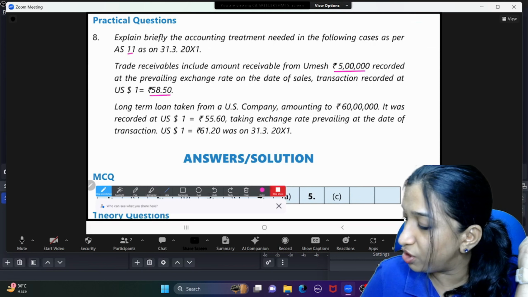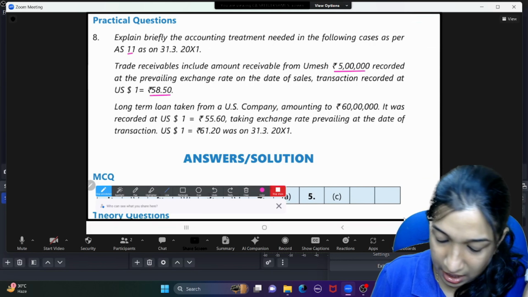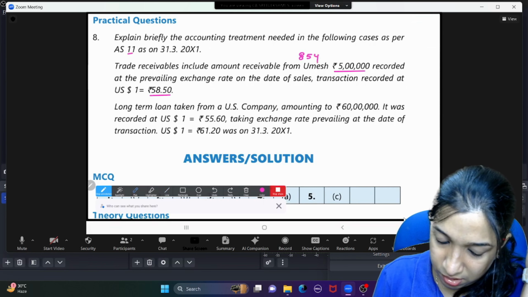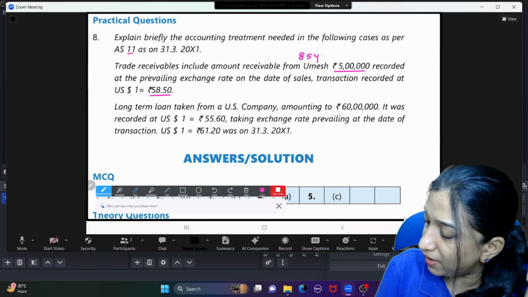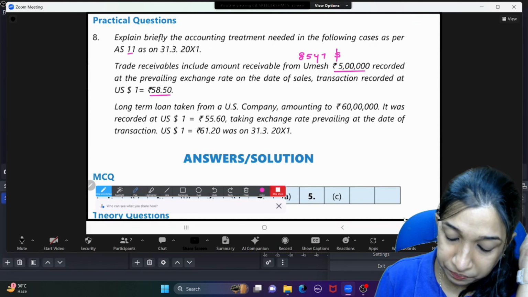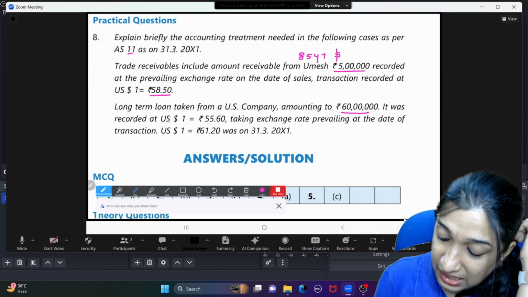So 5 lakhs divided by 58.5 is 8547 dollars receivable.